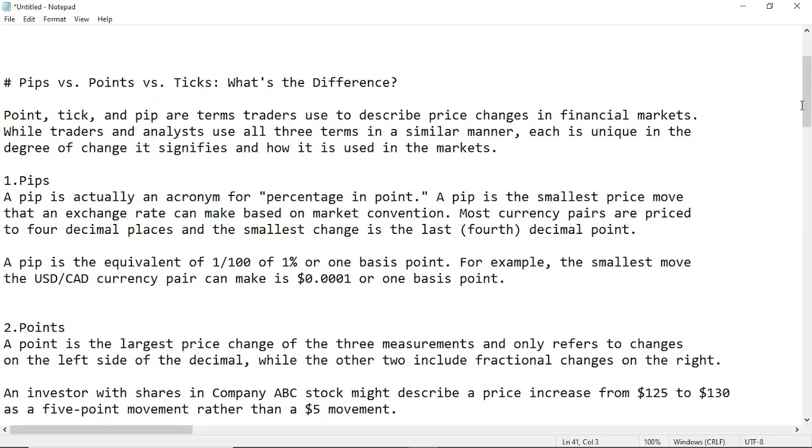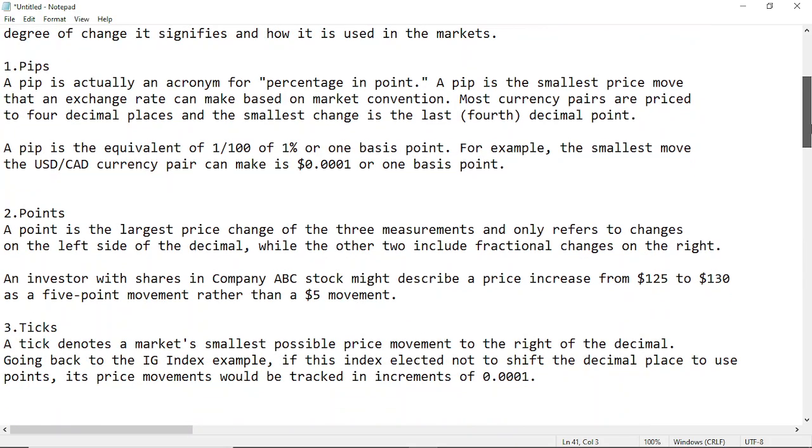So with that, I just want to quickly jump to a tick. The reason I'm jumping to a tick is because a pip and a tick are a similar thing. Let's have a look what the definition of a tick is. A tick denotes a market's smallest possible price movement to the right of the decimal.